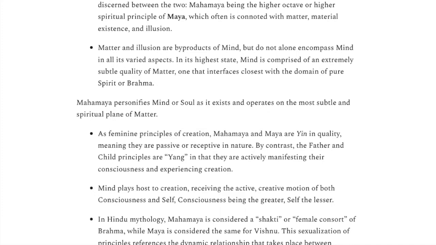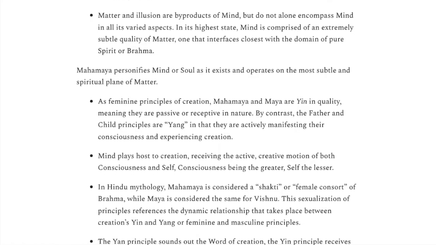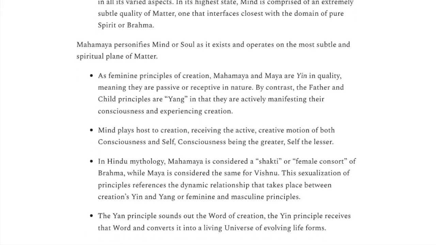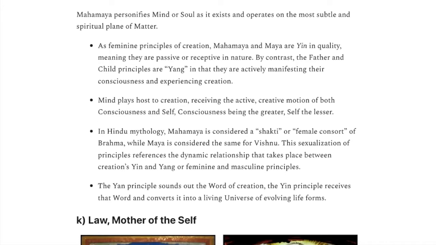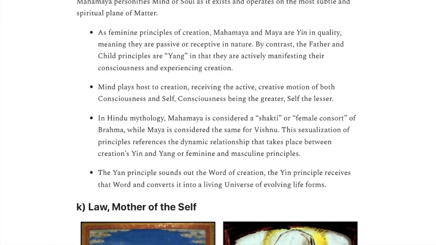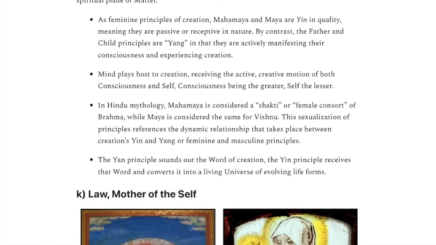So consciousness is the greater and self is the lesser, and that's the same dynamic with Mahamaya and Maya. In Hindu mythology, Mahamaya is considered a Shakti or female consort of Brahma, while Maya is considered the same for, you might say, Vishnu. So it's the polarity of the soul, whereas Mahamaya is the polarity of the spirit.